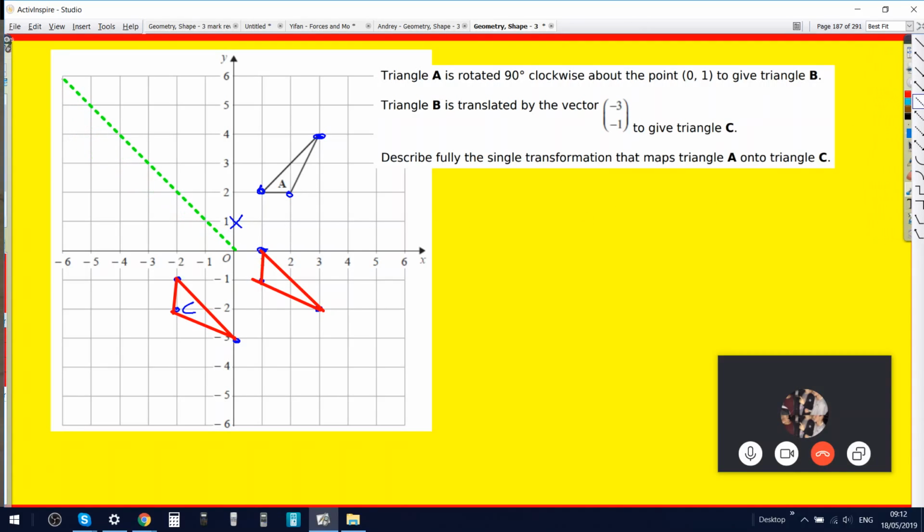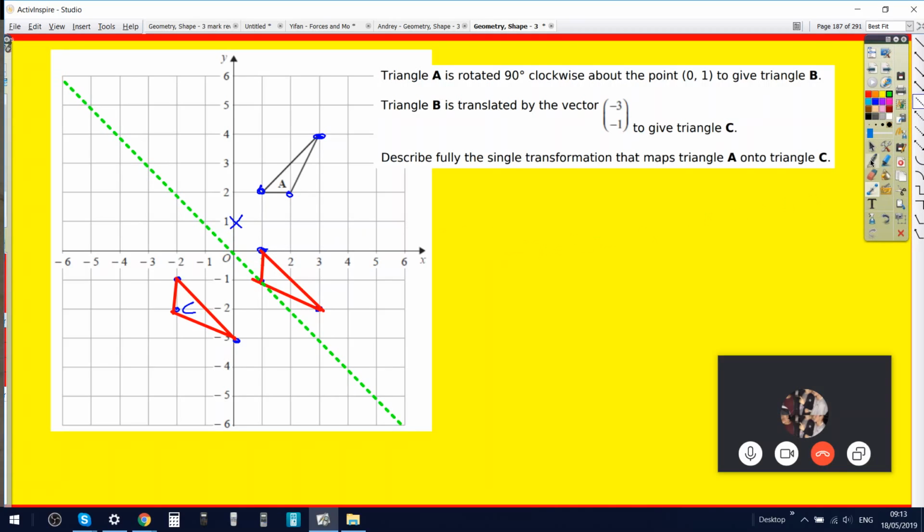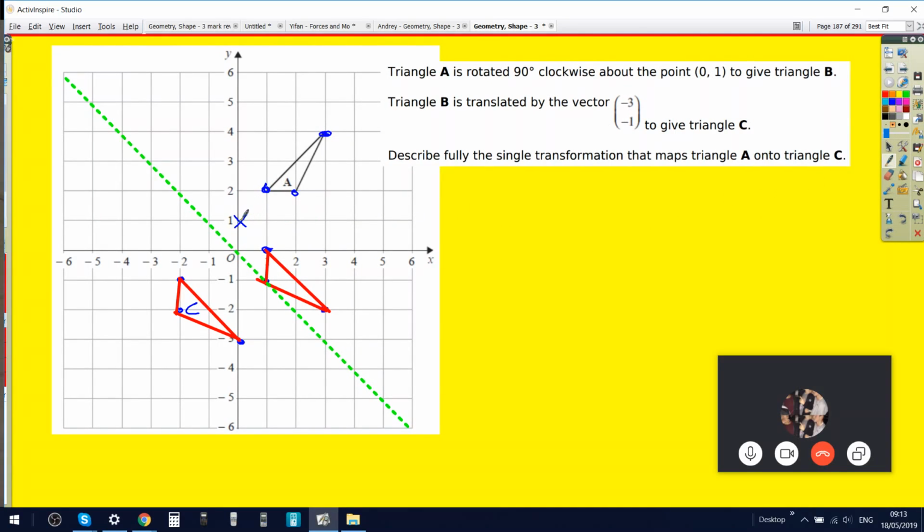Is it a reflection maybe in this line? So that's 1.5, so a half and 1, that works. Then this one is 3.5, so a half, 1. No, I don't think it's that.